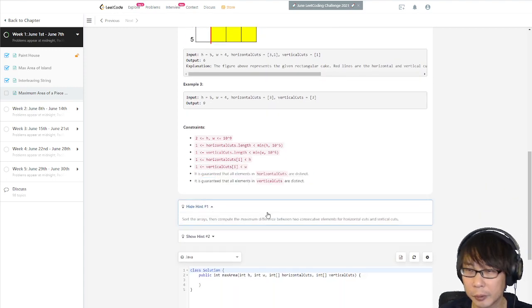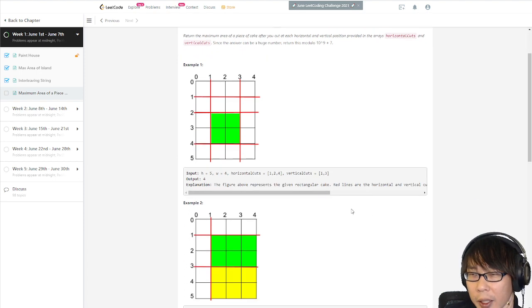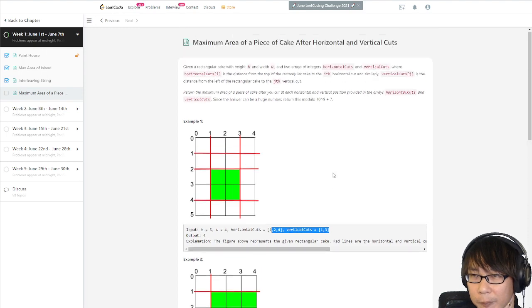The hint says, sort the arrays, then compute the maximum difference between two consecutive elements. Oh, okay. So this is something that we need to communicate with our interviewer, right? They never said that these cuts are sorted.